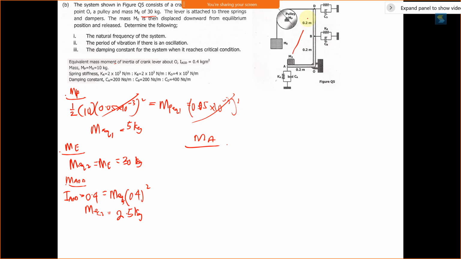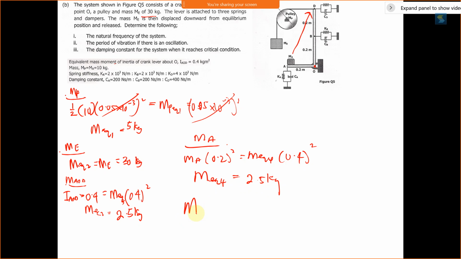So for MA, we want to transfer to point D, then using pivot O, the same. So MA times 0.2 squared equals M equivalent 4 times 0.4 squared. Then M equivalent 4 equals 2.5 kilogram.